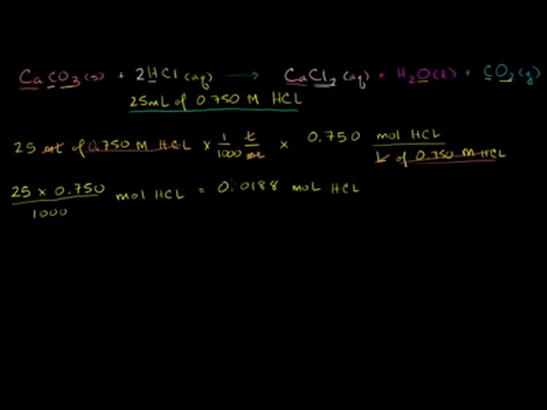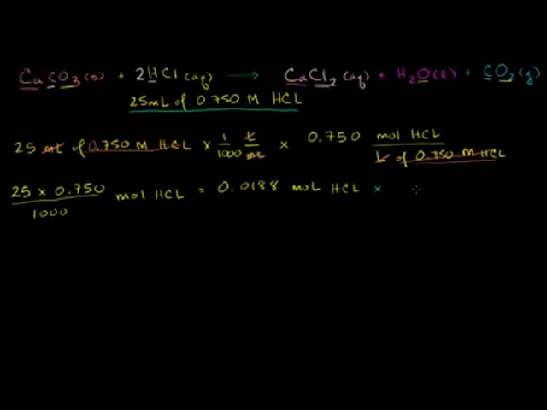And now we know that for every 2 moles of hydrochloric acid, we need 1 mole of calcium carbonate. So we want to know the moles of calcium carbonate required. So let's multiply this times, we want this thing to cancel out here.